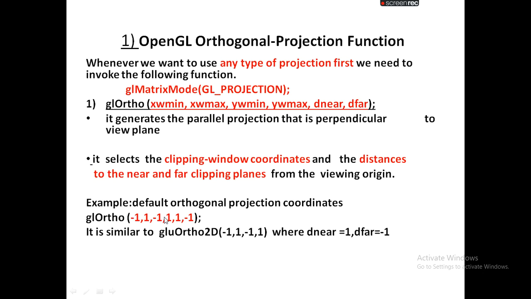If you are changing coordinates, then that is a different matter. So I would like to conclude this slide. By using the GL ortho function, a three-dimensional viewing function, I can create a viewing volume for parallel projections or orthogonal projections.